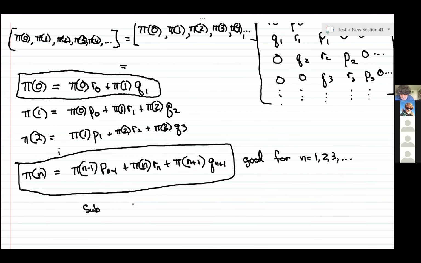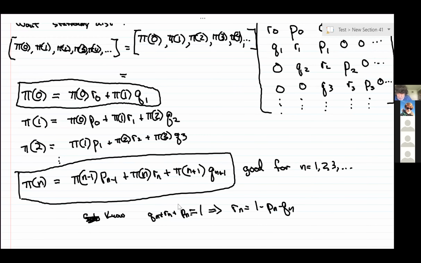Since we know that Qn plus Rn plus Pn equals 1, this implies that Rn would just be 1 minus Pn minus Qn. In other words, you could solve this equation for Rn.